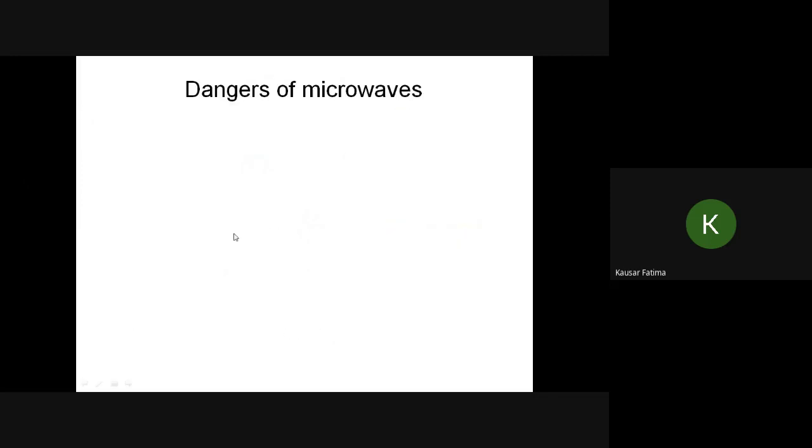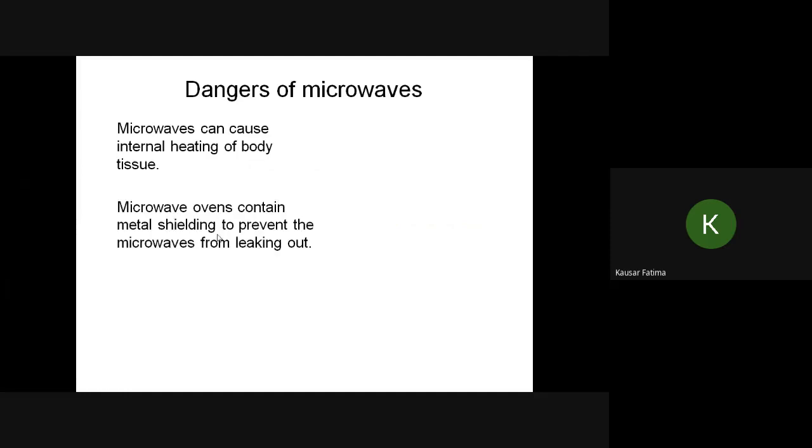So again, microwaves have dangers because they produce heating in the body. Our tissues are heated up. The microwave oven contains metal shielding to prevent the microwaves from leaking out, because if they leak from the gaps of the door, they will be dangerous for us, penetrating the skin and producing heating.